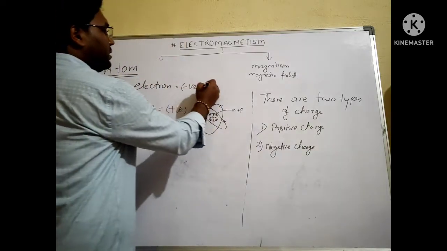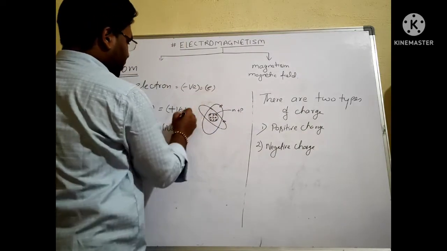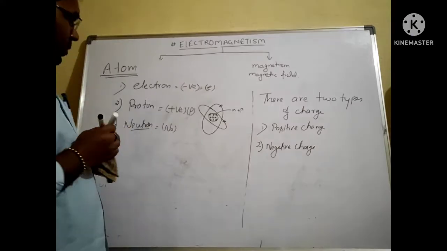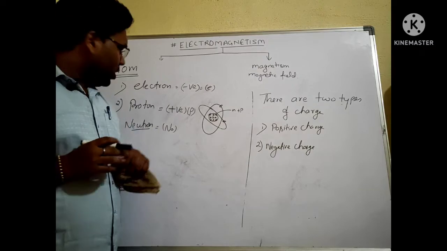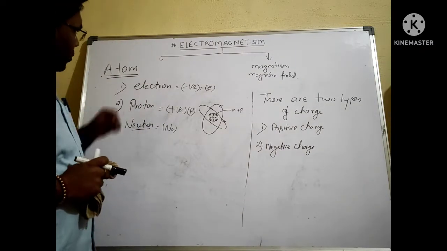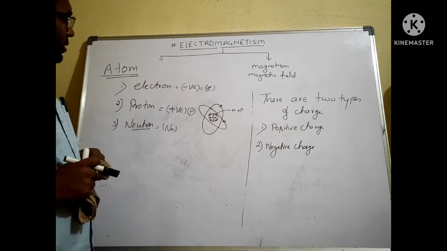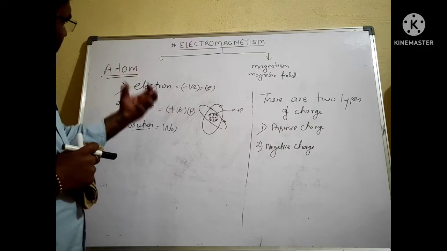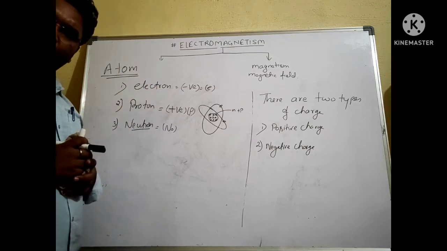Here electron is represented by e, whereas proton is represented by p. What is the charge on electron and what is the charge on proton?